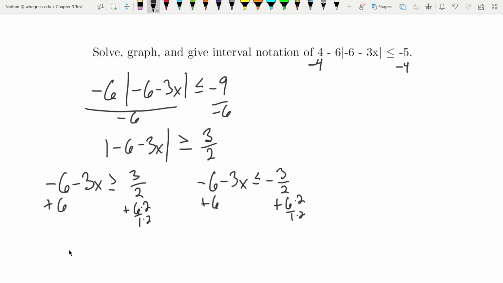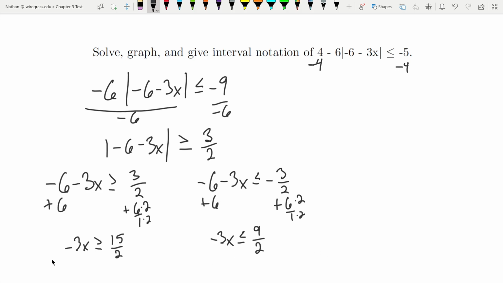So we're going to get negative 3x greater than or equal to 3 halves plus 12 halves. 3 plus 12 is 15 halves. And on this one, we're going to get negative 3x less than or equal to negative 3 halves plus 12 halves. So minus 3 plus 12, so 9 halves.